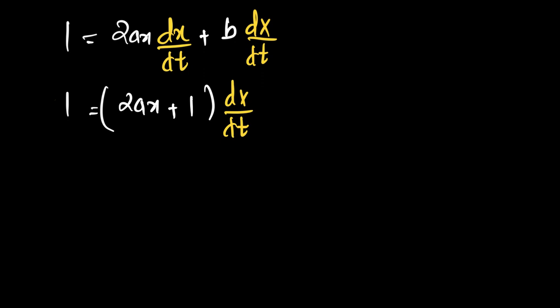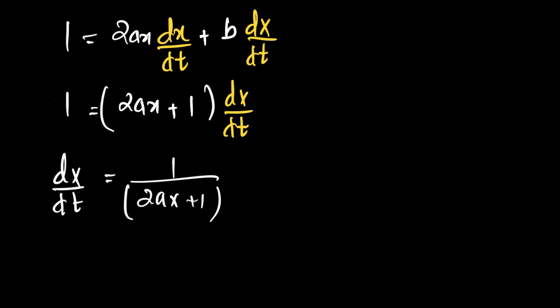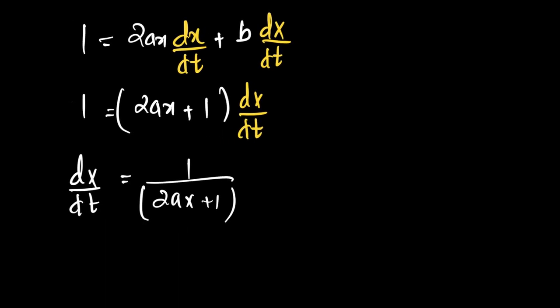Now, what can we write dx/dt as? So, dx/dt will be 1 by (2ax + b), right? Which means velocity, okay, let me write this separately. Which means velocity is basically 1 by (2ax + b). But what is being asked in the question?